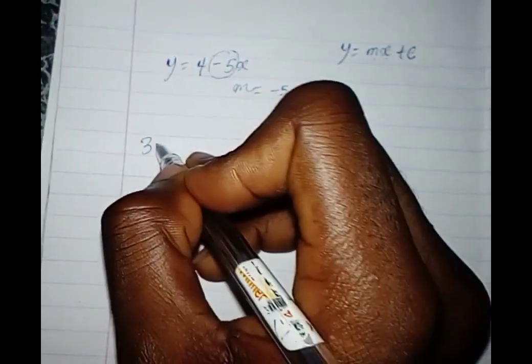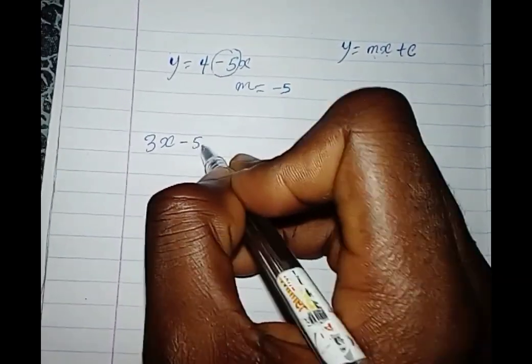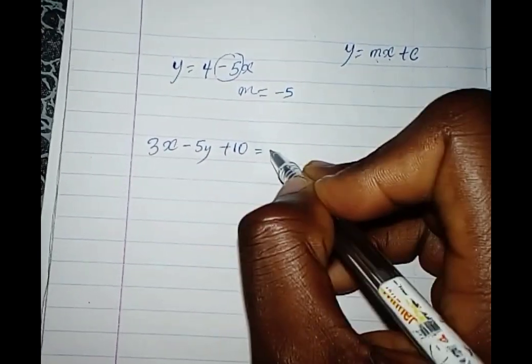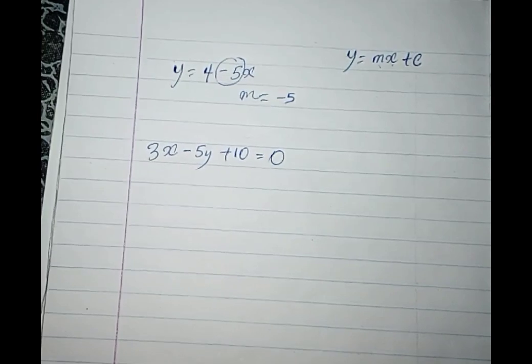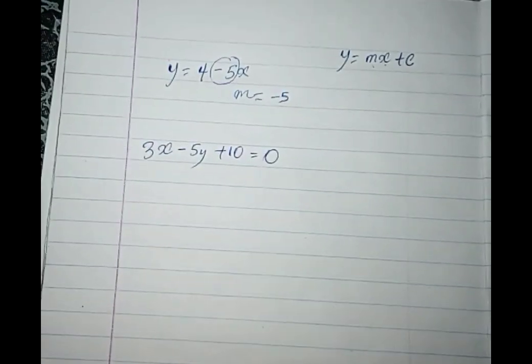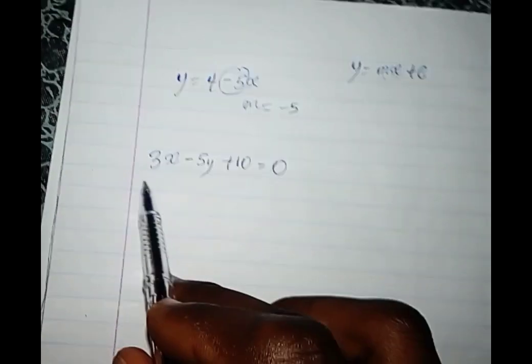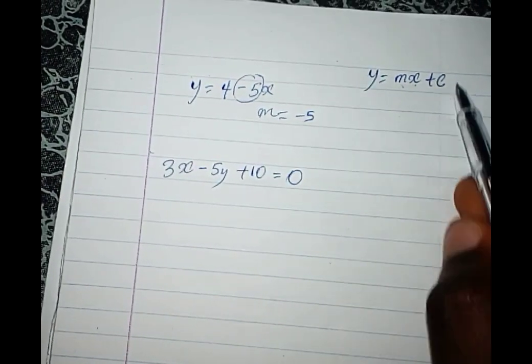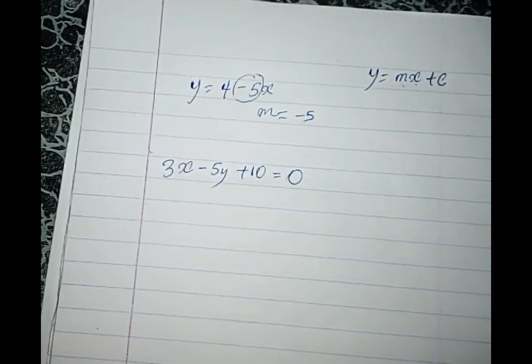Another one: if 3x minus 5y plus 10 is equal to 0, what is the gradient of the line? Now we have to make this equation look like the general equation. So we have to rearrange.